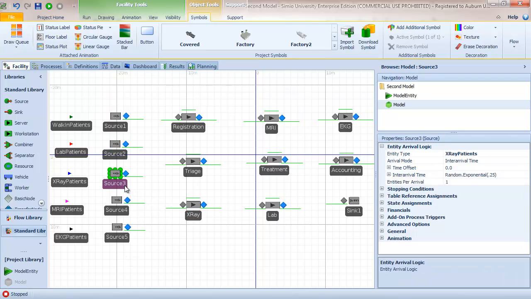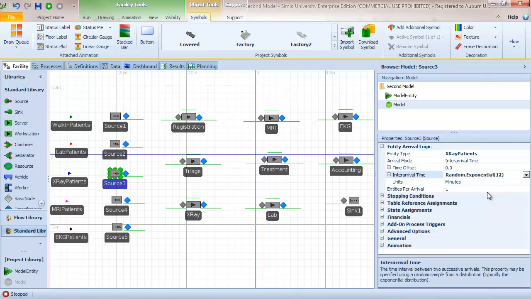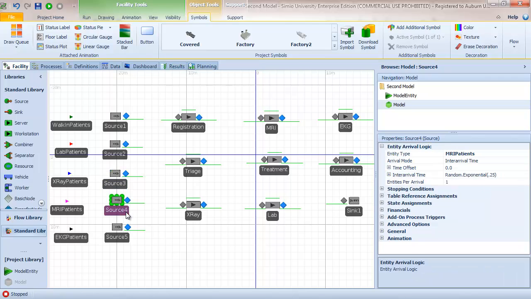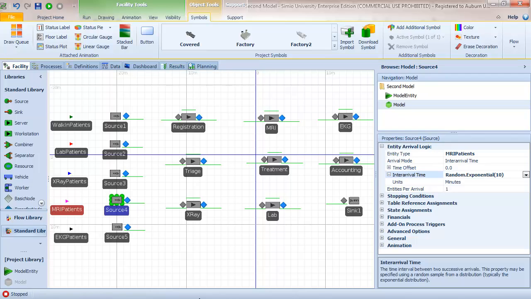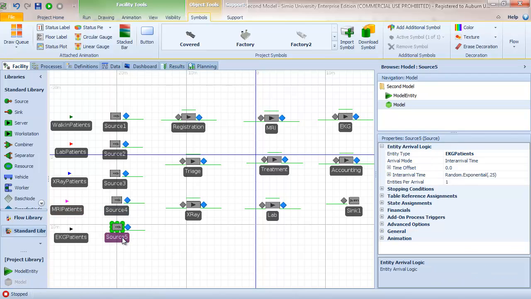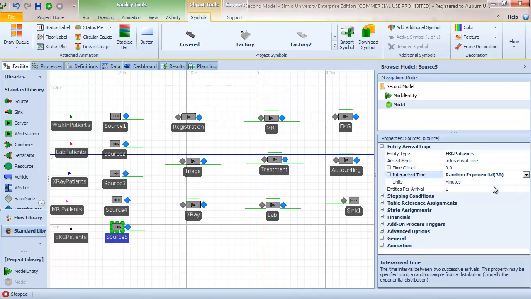X-ray patients arrive at the rate of 5 per hour. So we will have inter-arrival time of, not 0.12, but 12 minutes. MRI patients arrive at the rate of 6 per hour, so an inter-arrival time of 10 minutes. And finally, our EKG patients arrive at the rate of 2 per hour, so that is an inter-arrival time of 30 minutes.